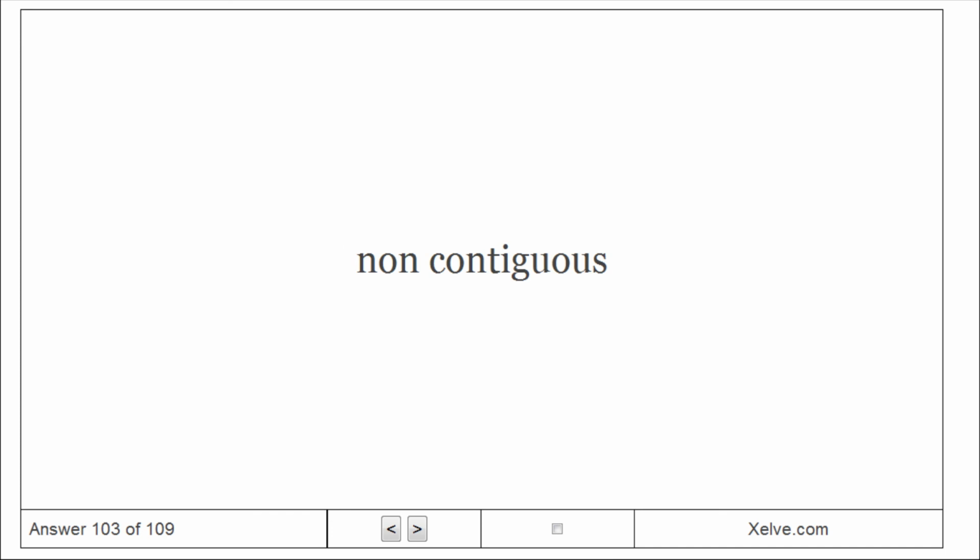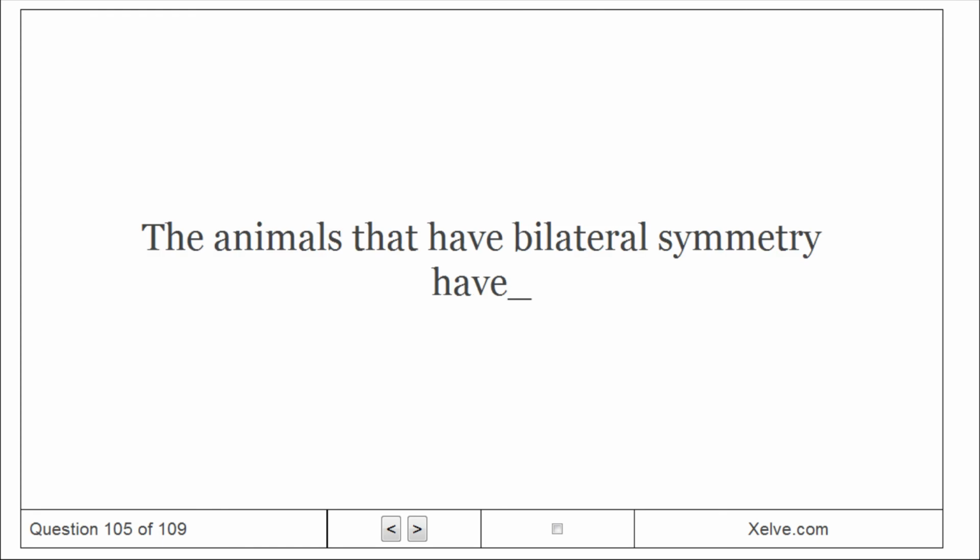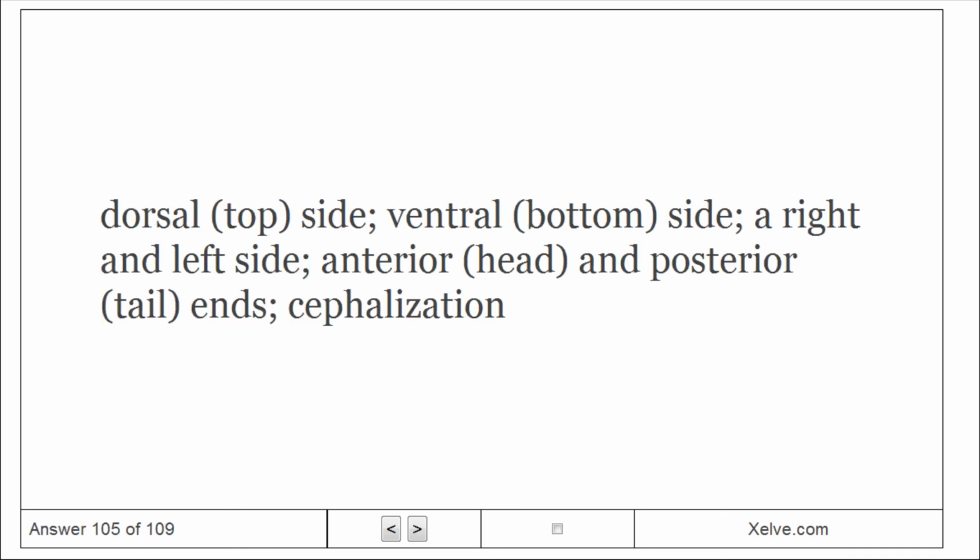The body cavity is non-contiguous. The coelom is not an underscore gap. The animals that have bilateral symmetry have a dorsal side, ventral side, right and left side, anterior and posterior ends, and cephalization.